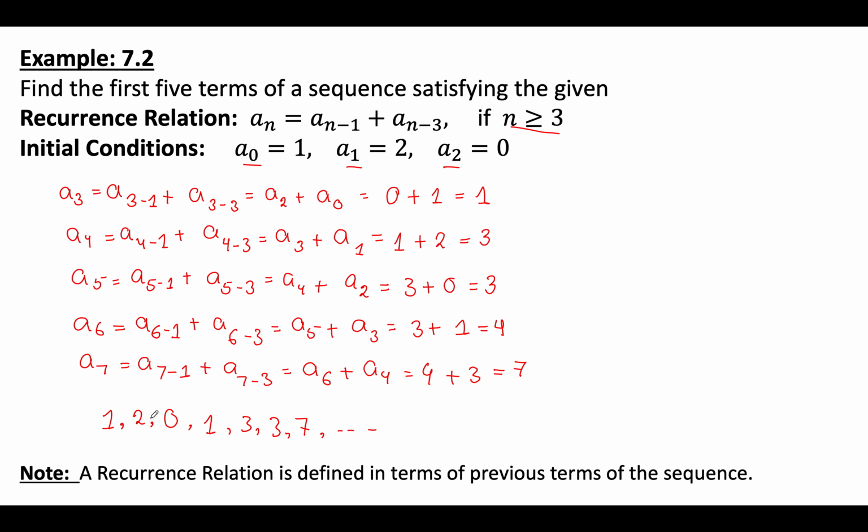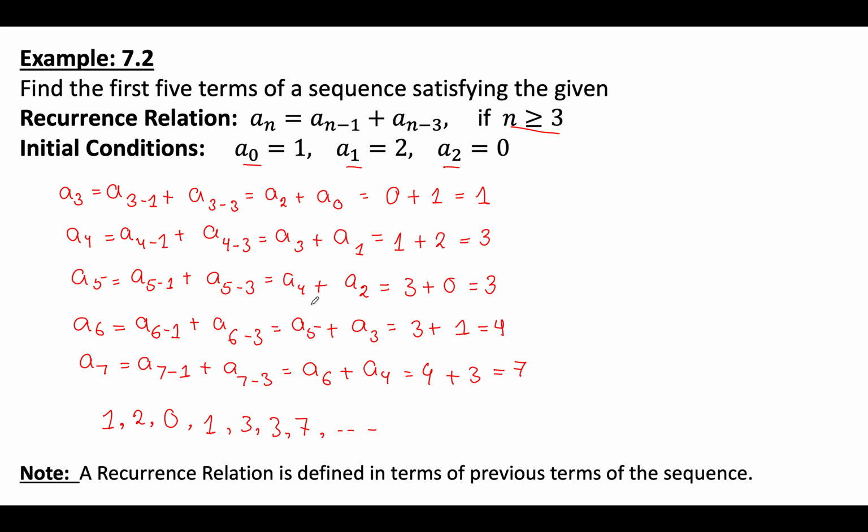So from here we note that the recurrence relation is defined in terms of previous terms. I can find the value of the third term if I've already got the value of the second and the first, and the same for the rest.